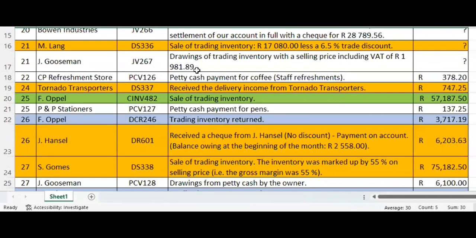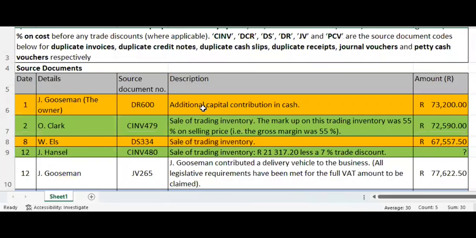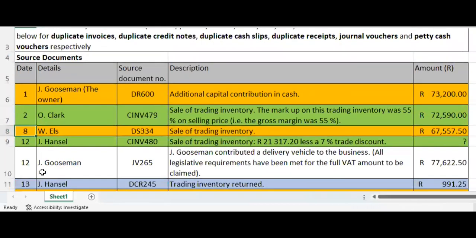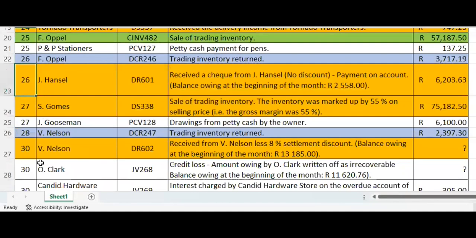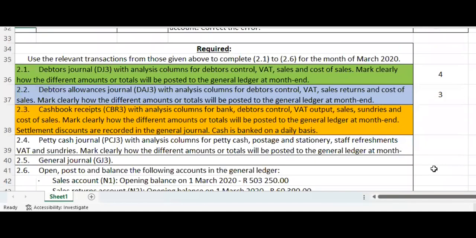Okay, let's count them and see how many entries we expect to have in our cash book receipts. 1, 2, 3, 4, 5, 6, 7, 8. So we are expecting 8 entries in our cash book receipt journal. Okay, next thing we are looking for is the petty cash journal.